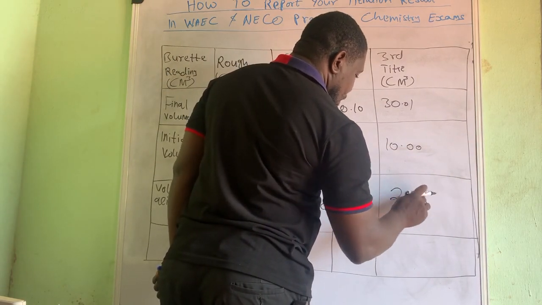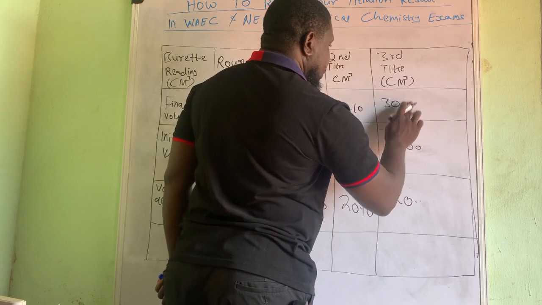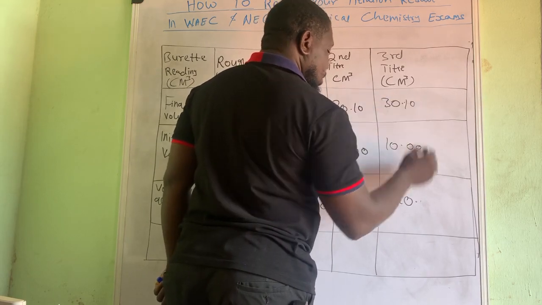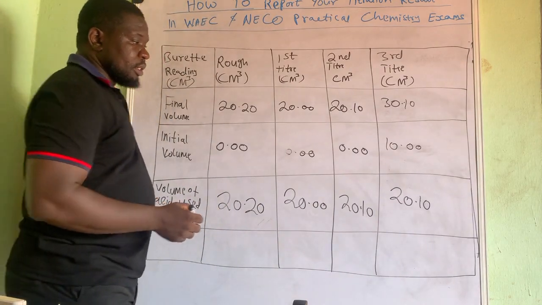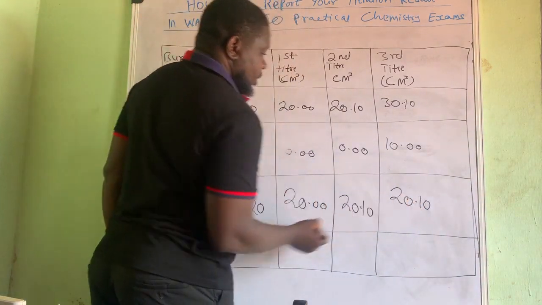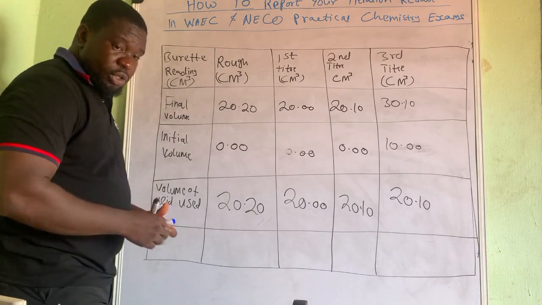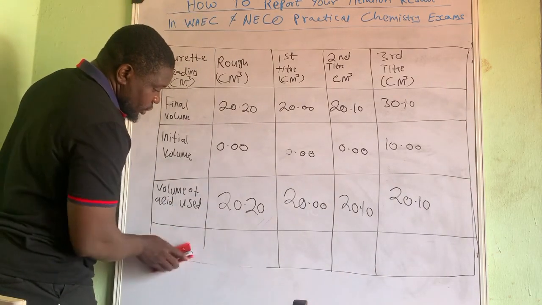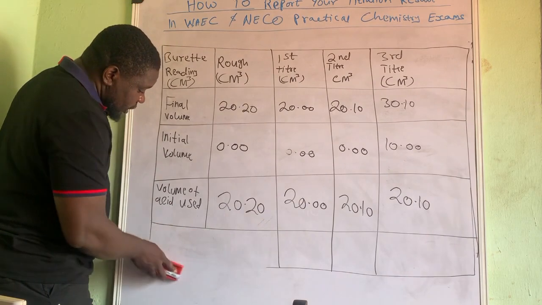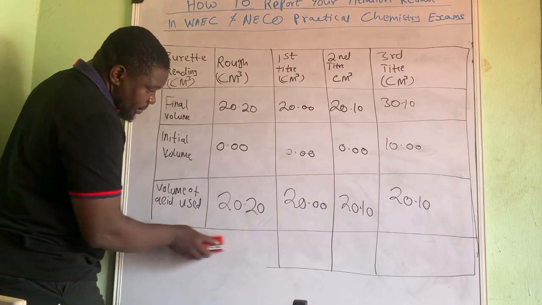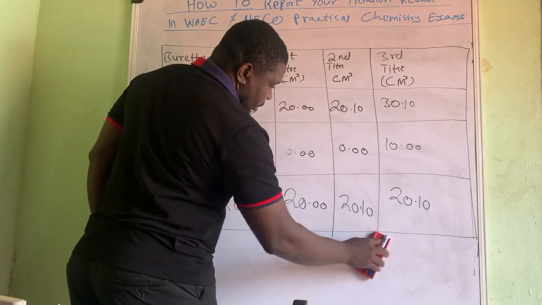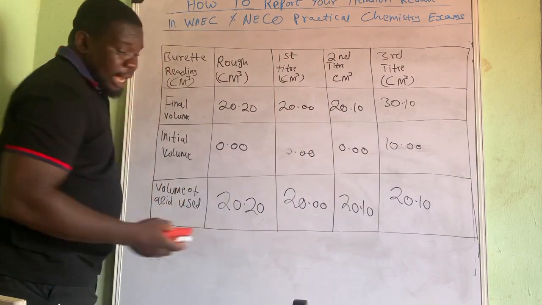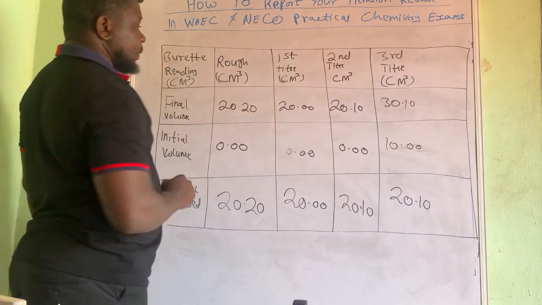You just say 30.01 minus 10.00, and that would give you 20.0... I mean, 20.01, let's say, or maybe 20.10, something like that. So this now becomes your volume of acid used. With this, you can see that the report is very clear, and the units are well written.